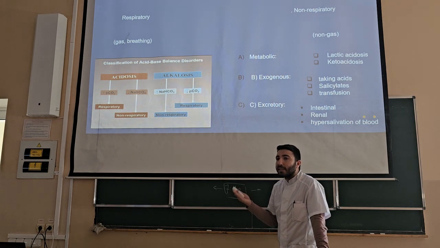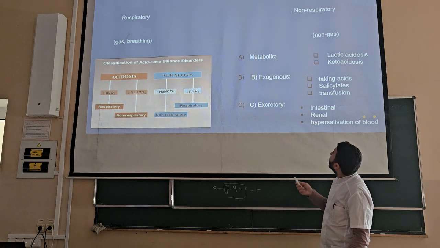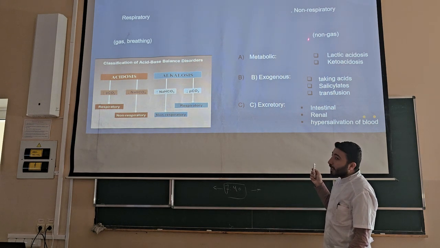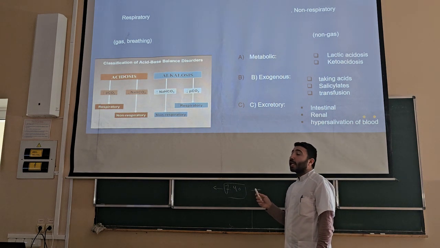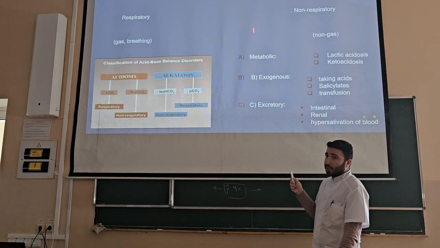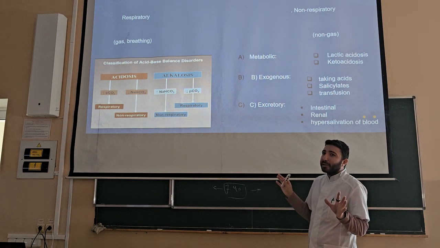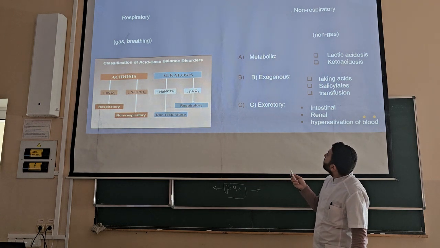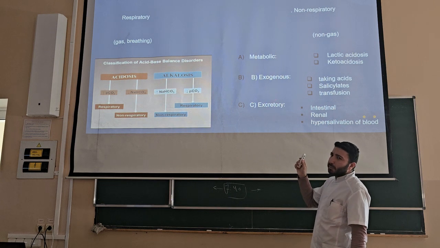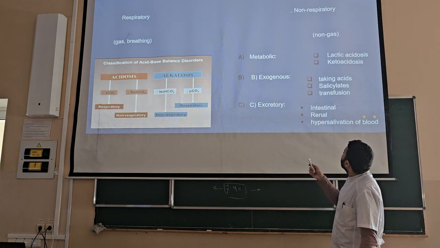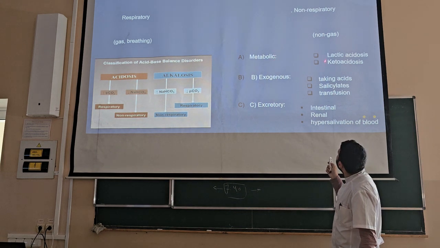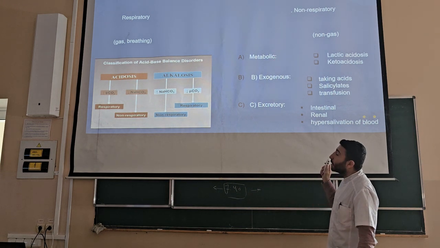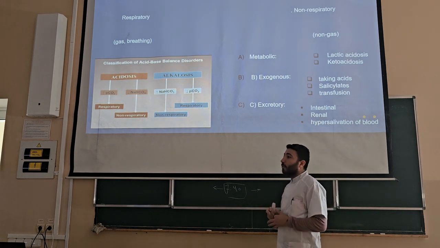Both of them are typically breathing function, or respiratory function. From the non-respiratory, there are three windows that can appear. The first one is metabolic, which is non-respiratory, yes. The second is exogenous reasons. Let me return to the metabolic. In the metabolic window, we will discuss lactic acidosis and ketoacidosis, which are very, very important.